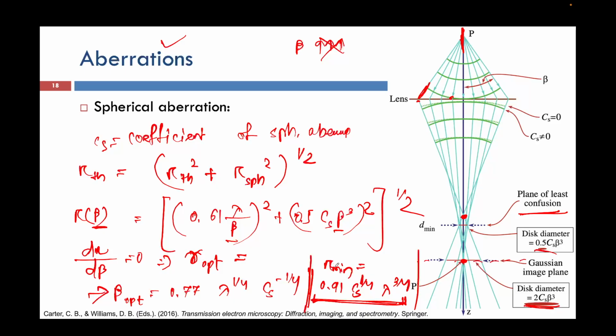We first put this in the function of beta, took the derivative and calculated the optimum semi-convergence angle, which gives the minimum radius or diameter of our Airy disk, the ultimate quantity for calculating the resolution of our system. Finally we come out with this expression.